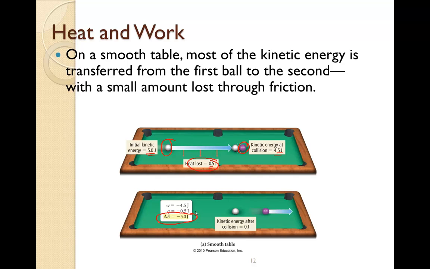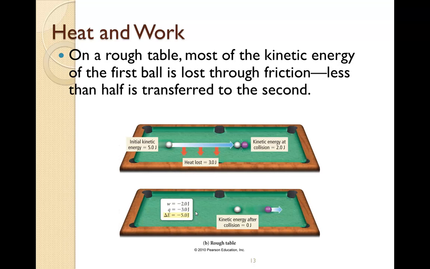If you're working on a rough table, like a really old table, you still hit it with the same amount of force. However, much more of the heat is being lost during the friction. So it hits it at 2 joules. So you're losing it by 2 joules from transferring. You lose it 3 joules from the heat, from the friction. It's still going to come out to -5. It's still going to have the same final amount.